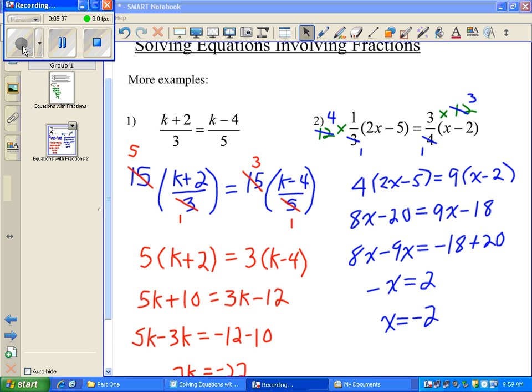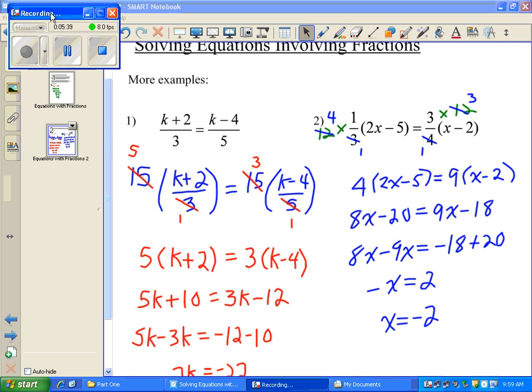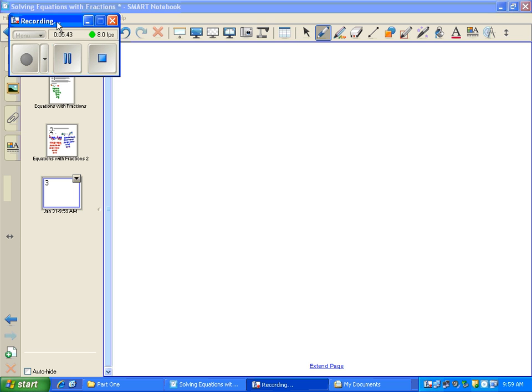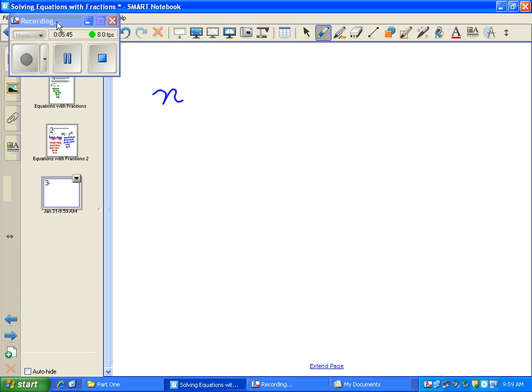Now we're actually going to look at another one. And this one is going to have a combination of variables and constants on both sides of the equation. So again, your first step is the same. You're going to look at your denominators.